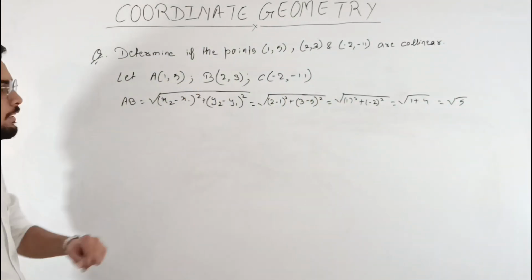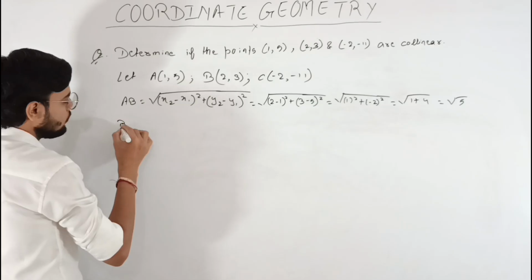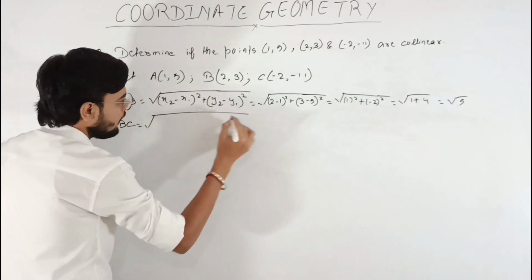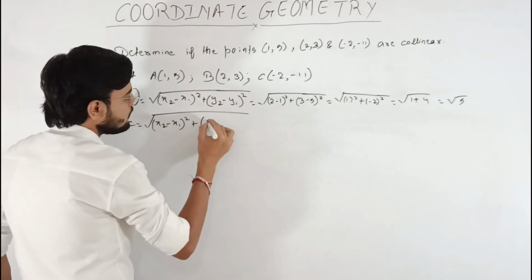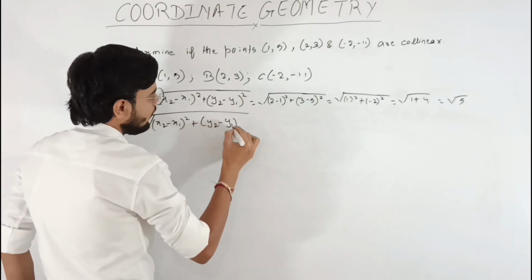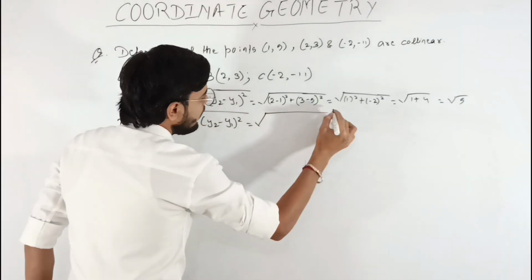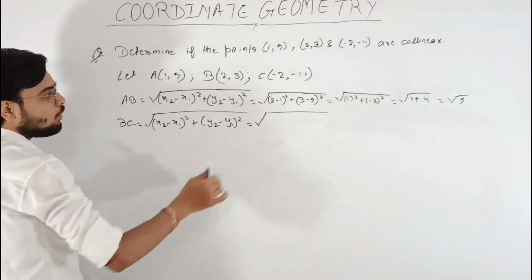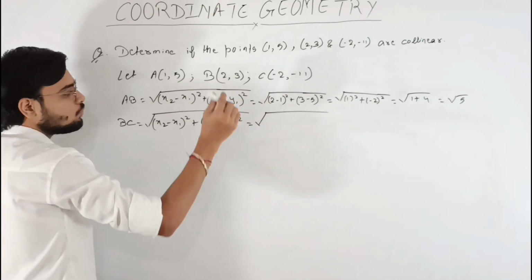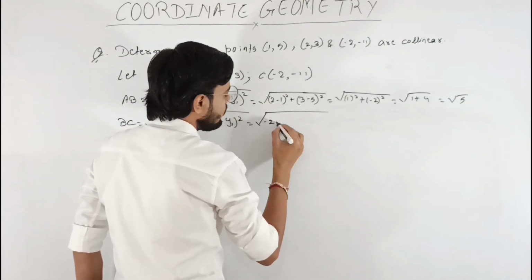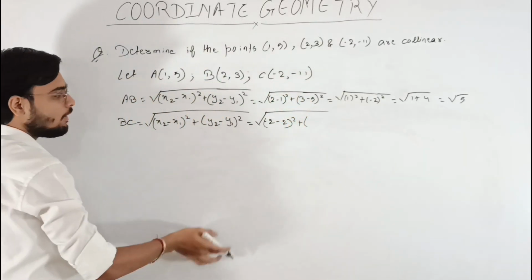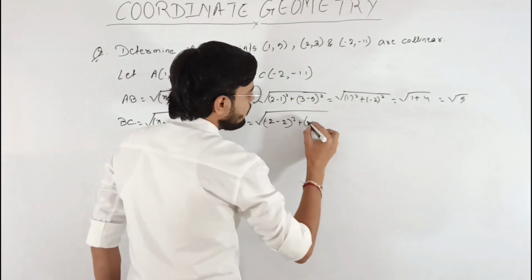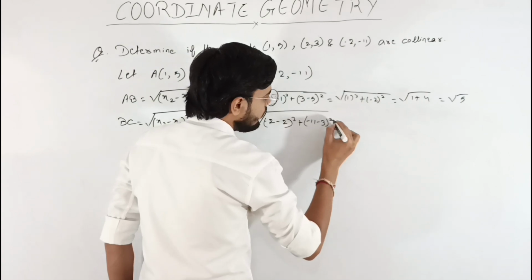Now we find BC, the distance between B and C. So BC is again root of (x2 minus x1) square plus (y2 minus y1) square, which is equal to what? Now look, B and C, x2 is minus 2, x1 is 2. So (minus 2 minus 2) square plus y2 is minus 11 and y1 is 3, so (minus 11 minus 3) square.